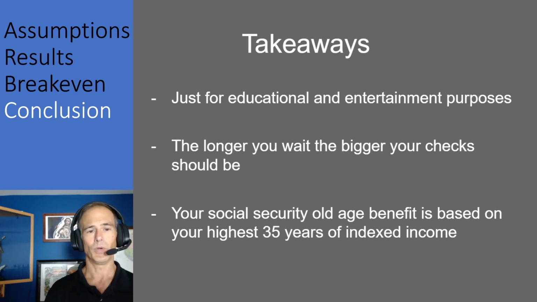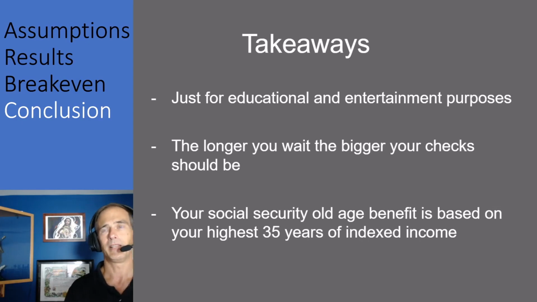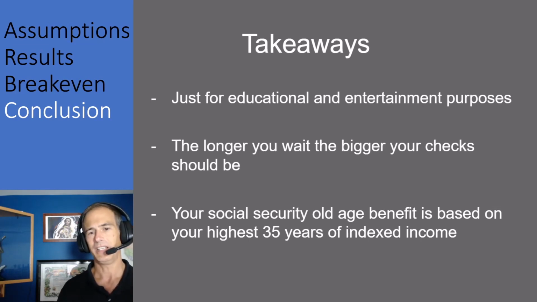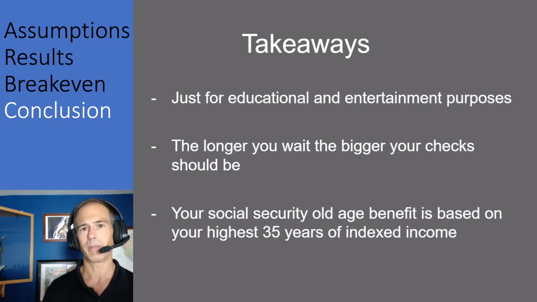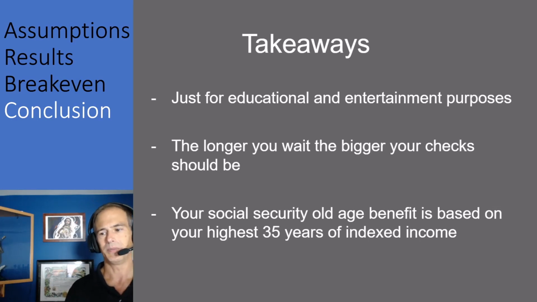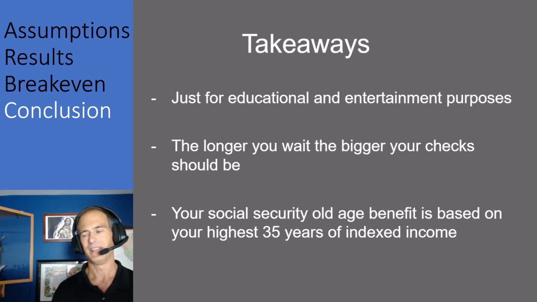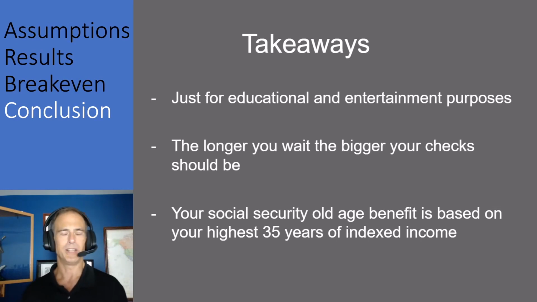And the longer you work, if you're working at a high income level and you continue until your full retirement age, that could increase your benefit, especially if you continue to work past age 62. So if you work past age 62 and you're making the most income you've ever made in your life, then that will also increase your benefit.